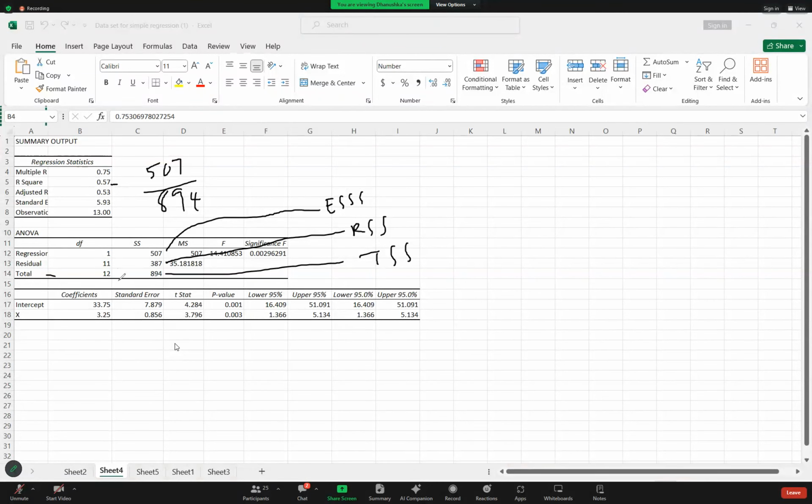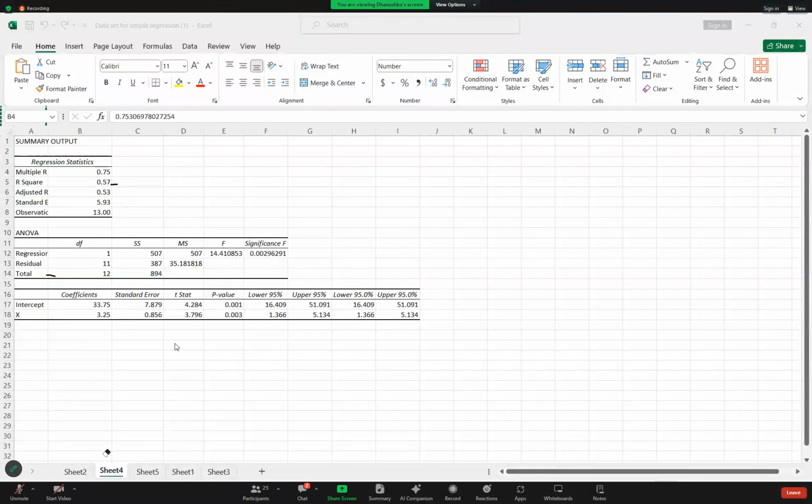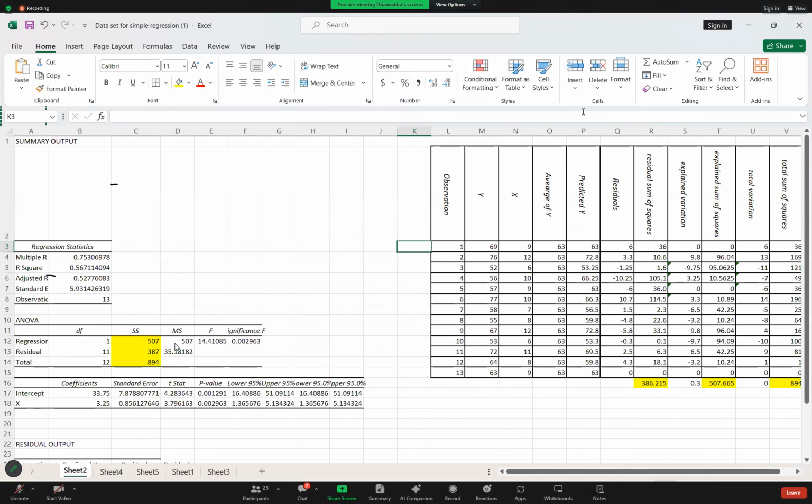Then I'm going to further explain how you can get TSS, RSS, and ESS. Here you can see the data set in another sheet, Sheet 2.